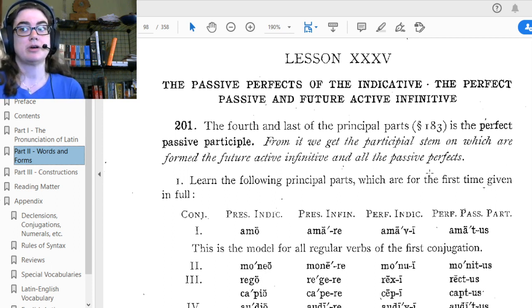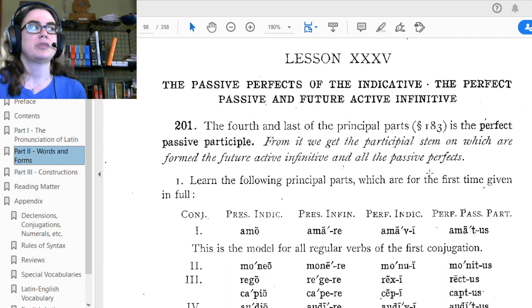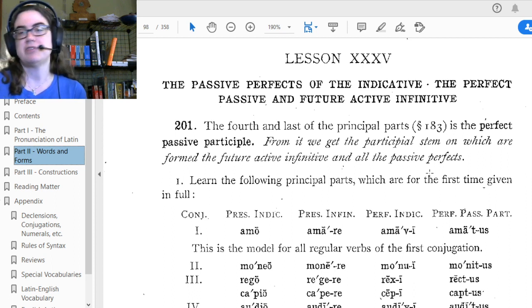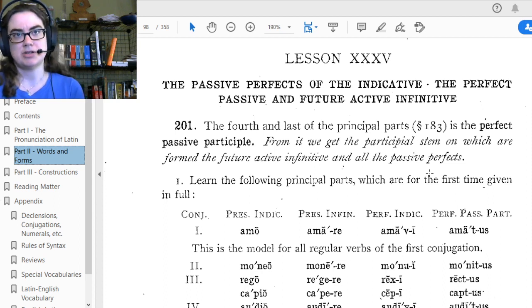We use helping verbs for most of our tenses. Will, for example, we use with future. The verb is we use for passive in various tenses. So we are used to that in English. But Latin does not do that except for the perfect passive system. And that's why it gets a tiny bit confusing.